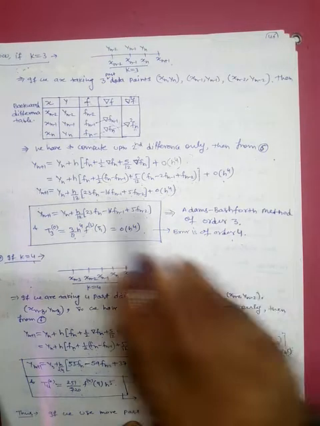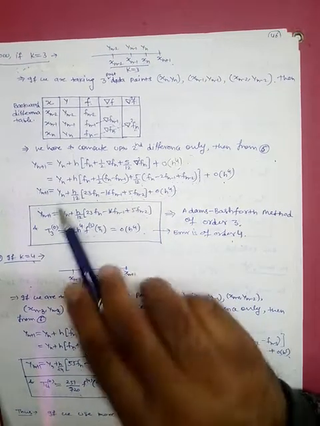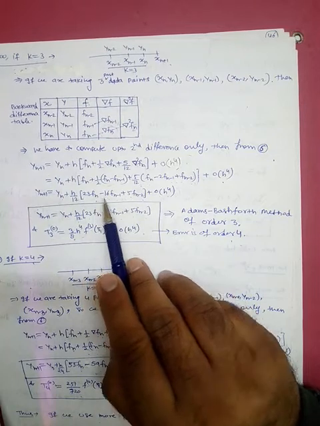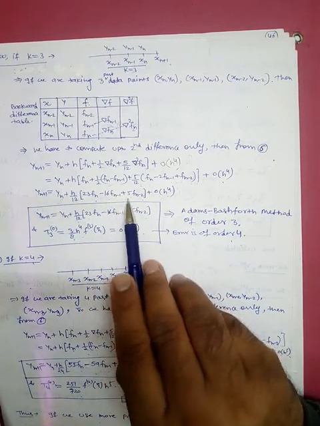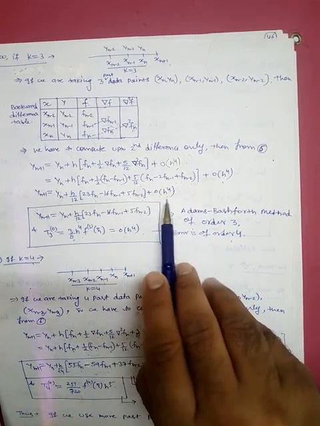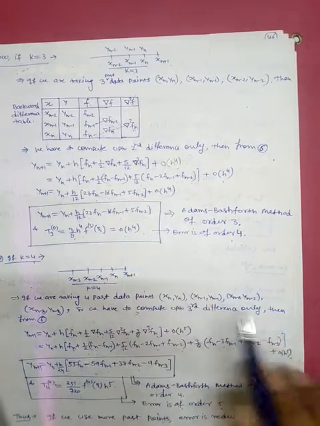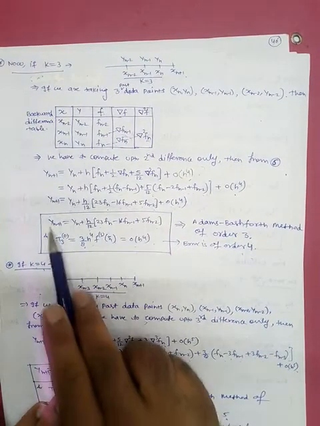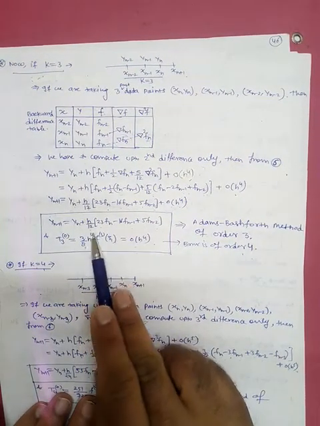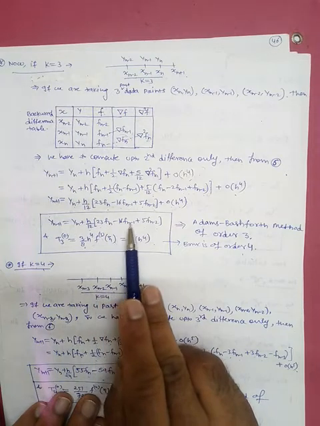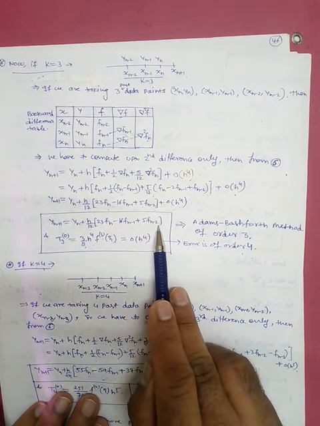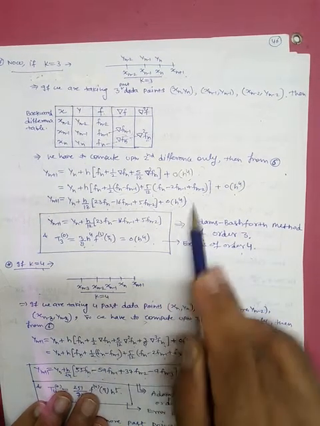So ultimately when you simplify, we get this formula: y_{n+1} is equal to y_n plus h by 12 (23 f_n minus 16 f_{n-1} plus 5 f_{n-2}) plus order of h raised to the power 4. So ultimately the Adams-Bashforth method of order 3, where order 3 means k is equal to 3, is given by this formula: y_{n+1} is equal to y_n plus h by 12 (23 f_n minus 16 f_{n-1} plus 5 f_{n-2}), and the error term is of order h raised to the power 4.